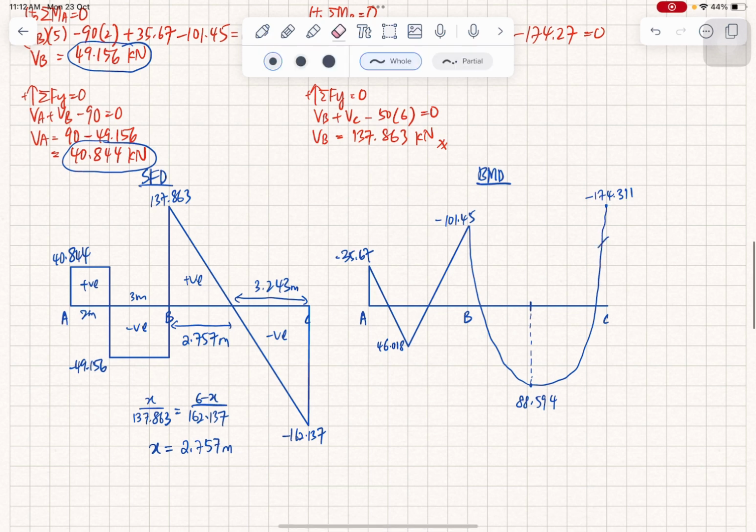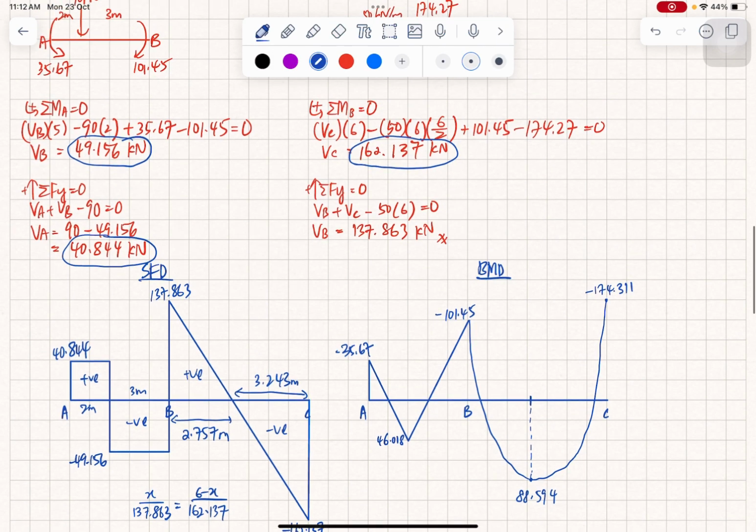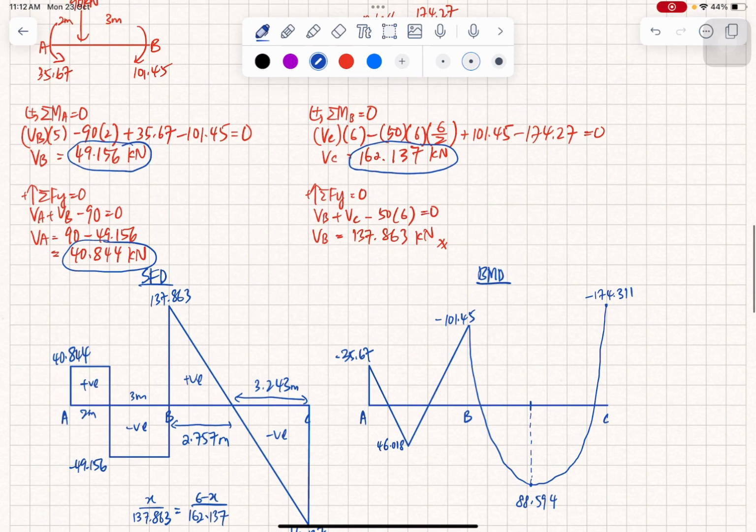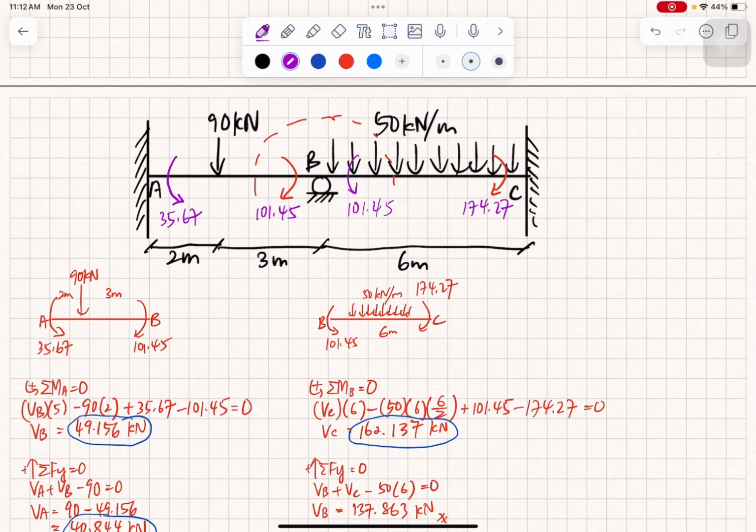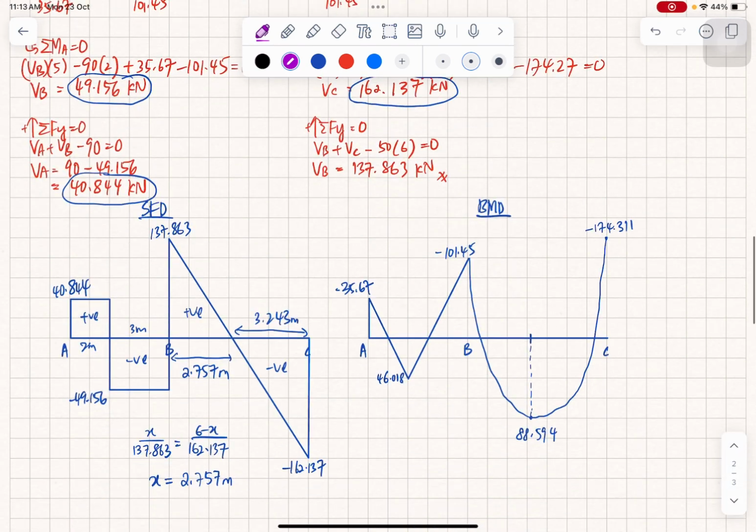So I will draw it back. Drawing seems a little bit ugly. Now we have negative 174.311. And lastly, what is the value here? The last moment, 174.27. Is it a positive or negative moment? Look at the direction. We can see it is a clockwise direction. When we draw, a clockwise direction should be a positive moment.